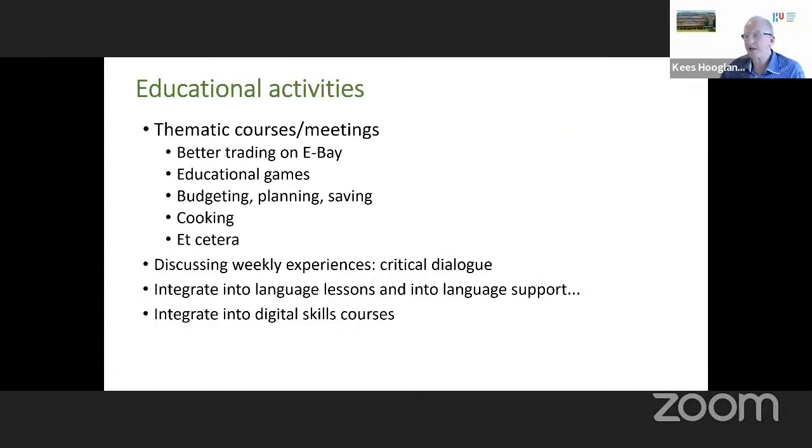Also very interesting is to systematically in the language lessons also integrate a numeracy and a digital skills part. So we strongly believe that numeracy is not something besides literacy and besides digital skills, but for an adult, they don't have a literacy problem or a numeracy problem or a digital skill problem.